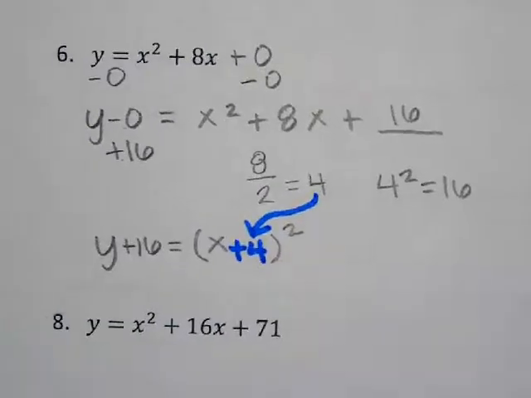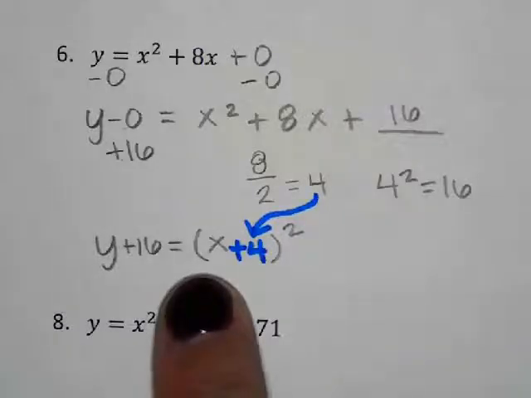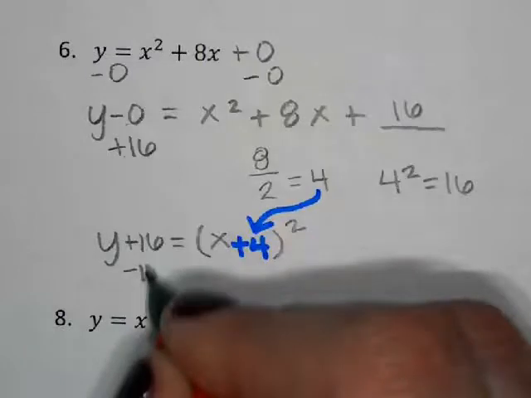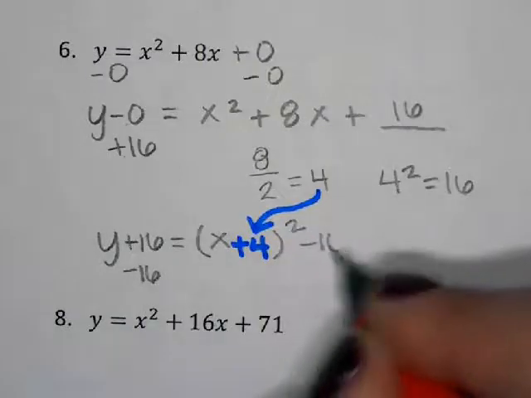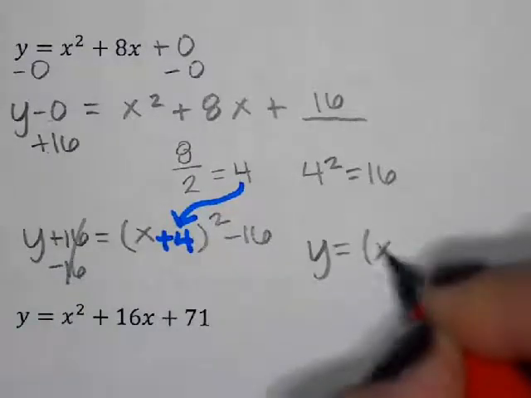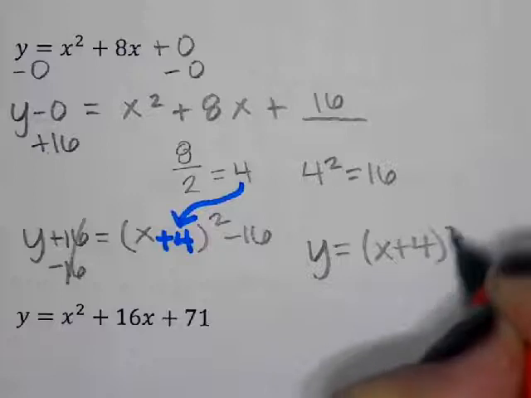So at this point, what do we do to finish the problem? Our goal is to have the y alone, so we subtract the 16 over to the right side. And so we have y equals (x plus 4) squared minus 16.